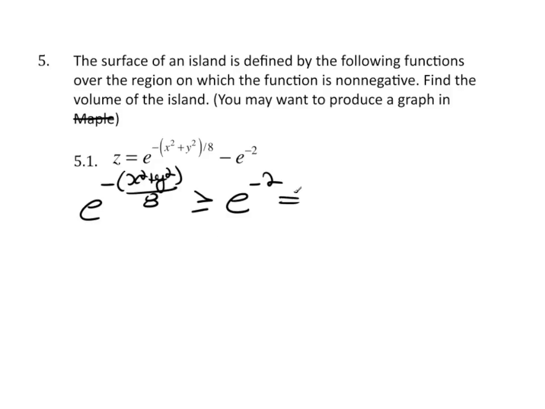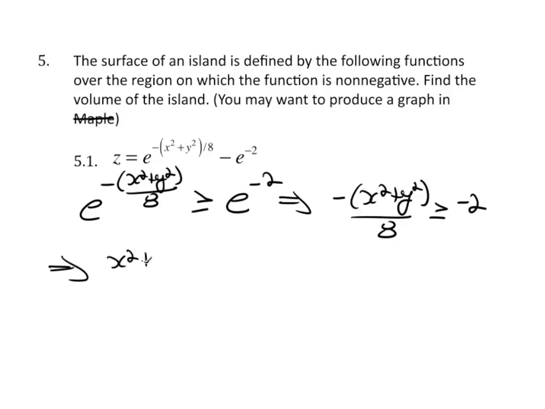That would then obviously imply that negative x squared plus y squared over 8 is greater than or equal to negative 2, which means x squared plus y squared is less than or equal to 16. So this is a circle with a radius of square root of 16, or a radius of 4.